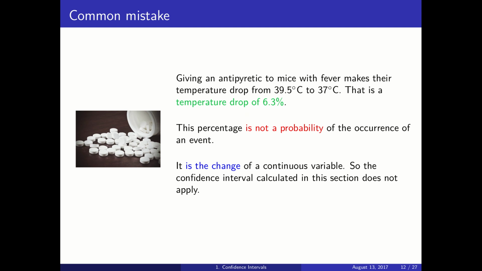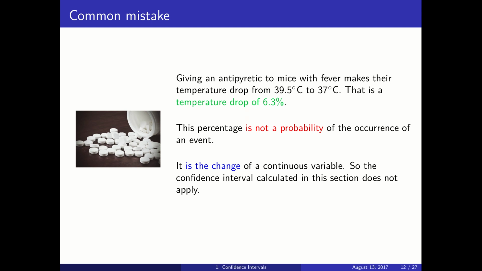So this variable, the temperature, can take any value in between. The mean has gone from 39.5 to 37, and this change is 6%. But it is not any probability of the occurrence in the same way as the probability of getting herpes or getting an infection or surviving after 6 months and so on.